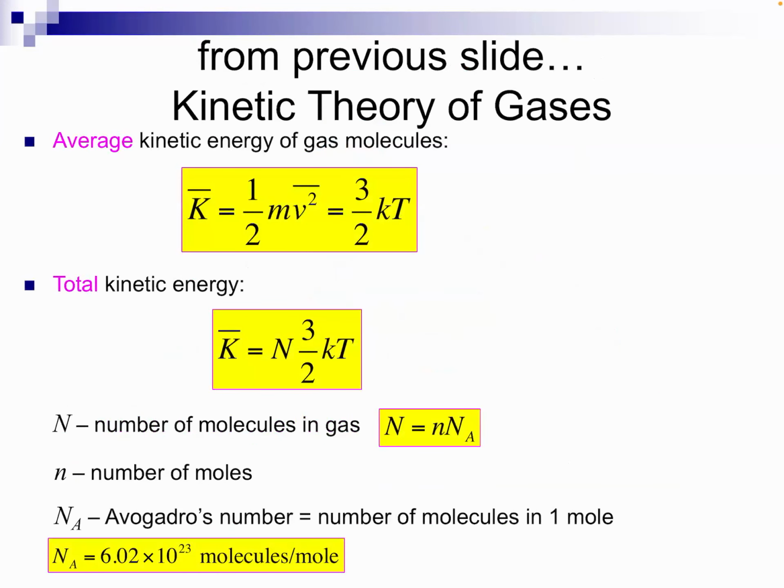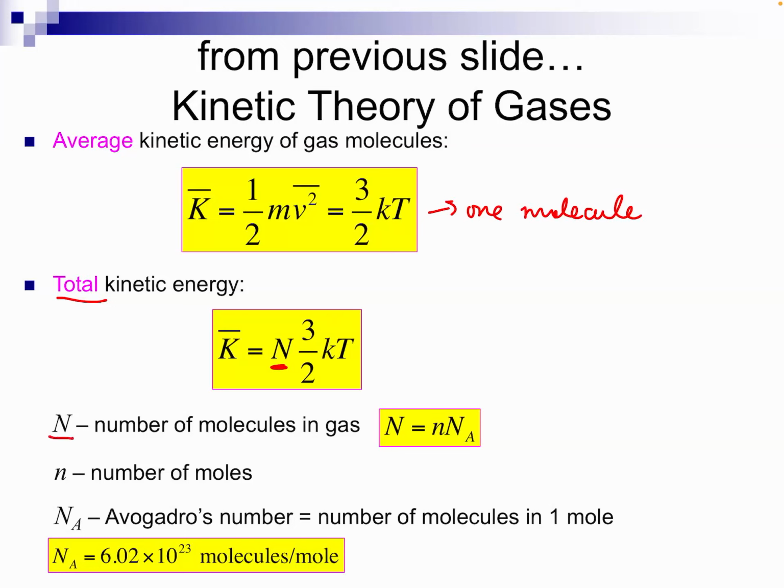All right, so what we've learned so far, the kinetic theory of gases relates the temperature to the average kinetic energy of the gas. And we said that this is for one molecule. So if you have n molecules, then the total kinetic energy will be n times the kinetic energy of one molecule.